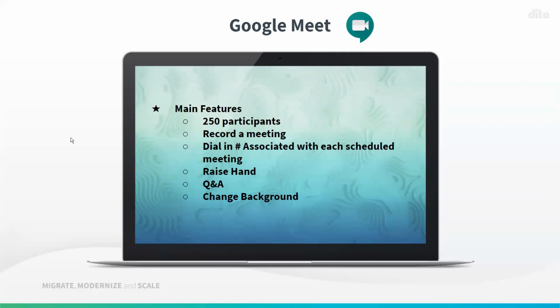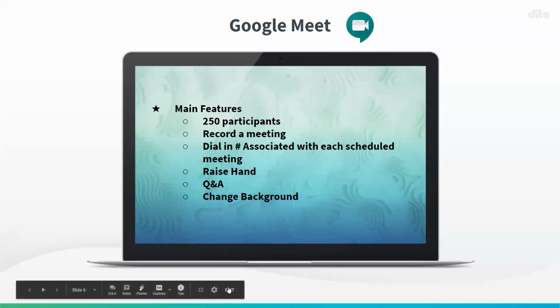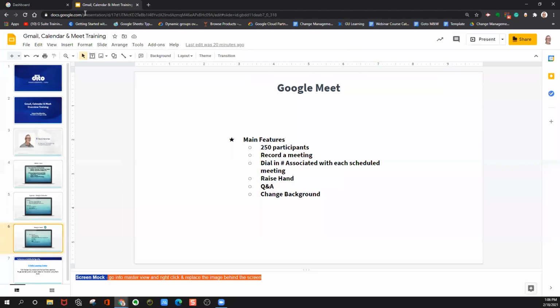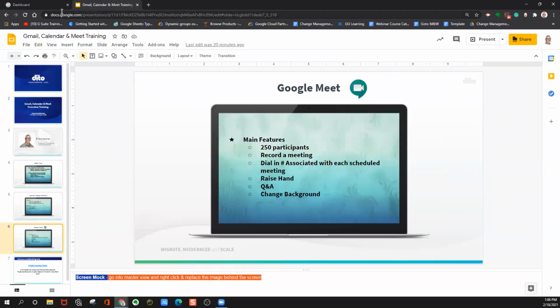You can record the meetings just like we're doing here in Zoom. Just like Zoom, it creates a dial-in number associated with the meeting. You have the ability to raise your hand, there's a Q&A section, and you can change the background. So that's a lot of the basics that I've been asked to cover. With that, we'll go ahead and get started.